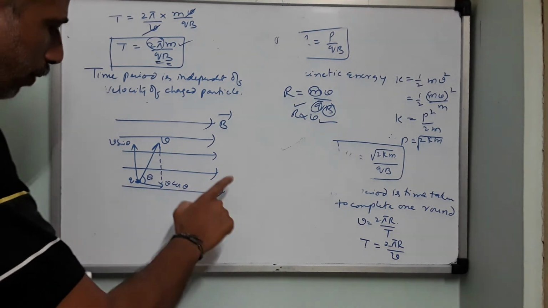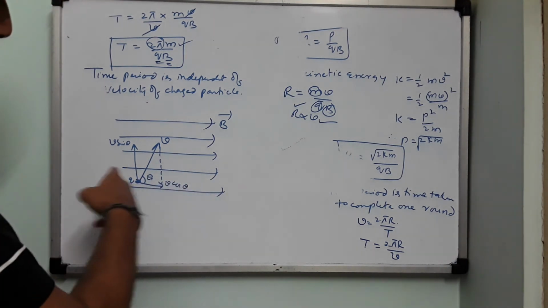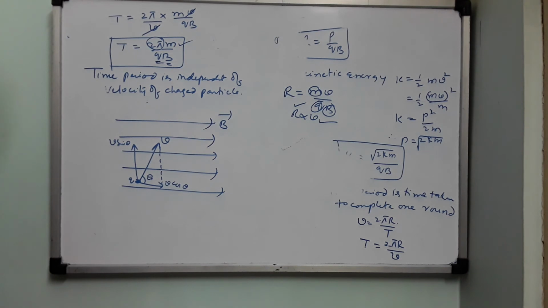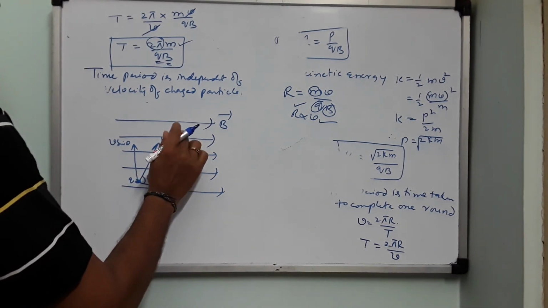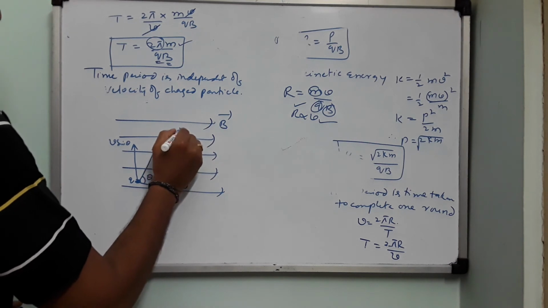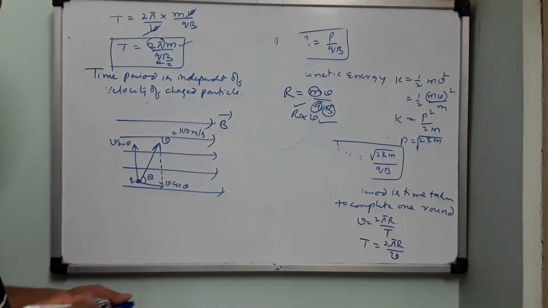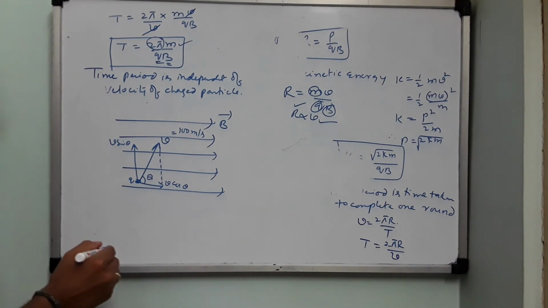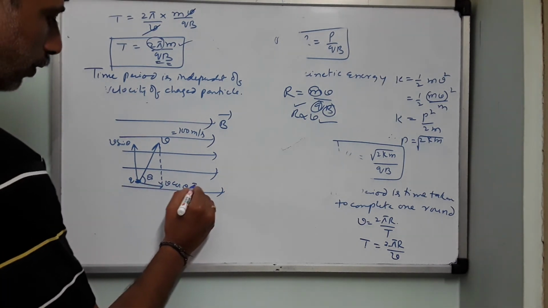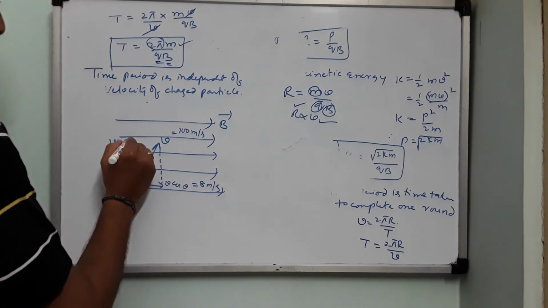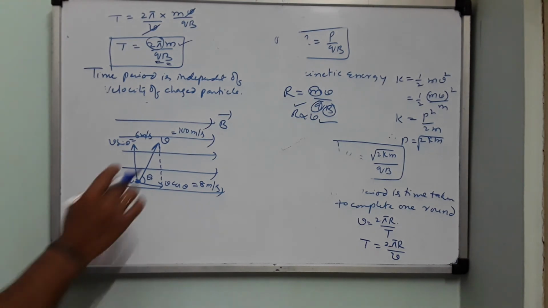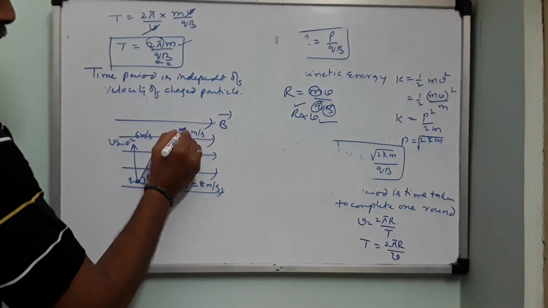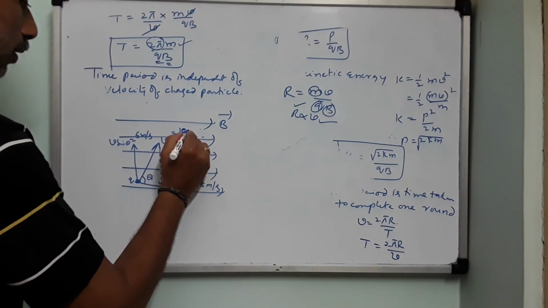V cos theta is also known as the horizontal velocity here. Suppose I have given a speed of 10 meter per second.